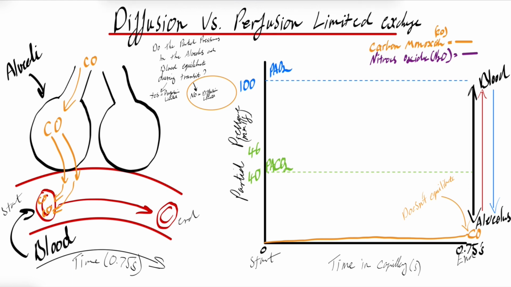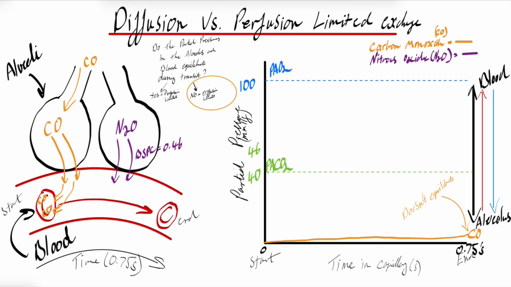On the opposite end of the spectrum, if we talk about perfusion-limited gas exchange, nitrous oxide is a really good example, because nitrous oxide also diffuses rapidly across the membrane, but it doesn't bind avidly to hemoglobin. It's also not very soluble in blood, with a blood gas partition coefficient of 0.46, so it readily tries to leave blood if it's able to.